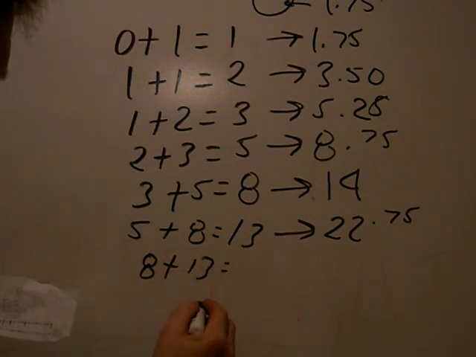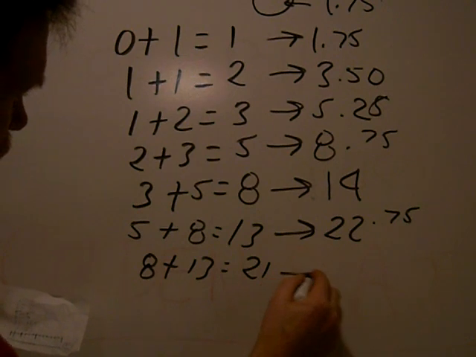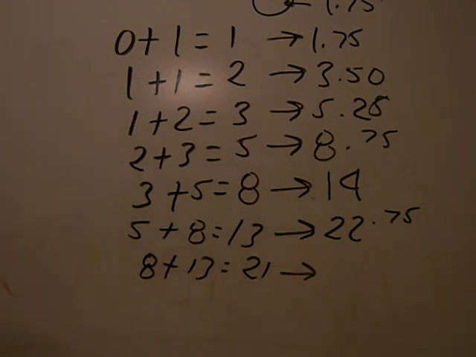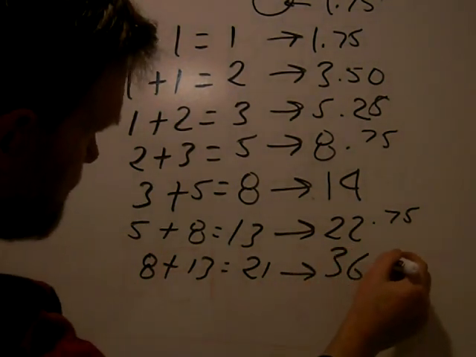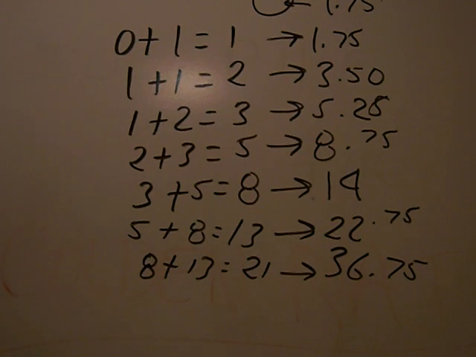equals 21, which would equal, see, 1.75 times 21, 36.75.